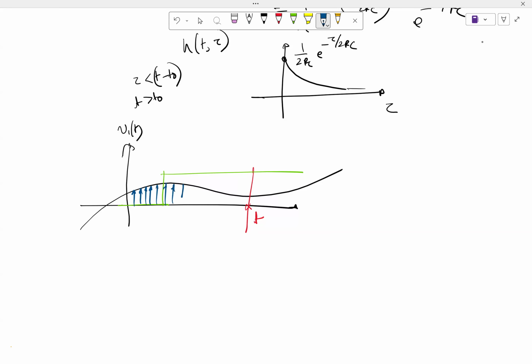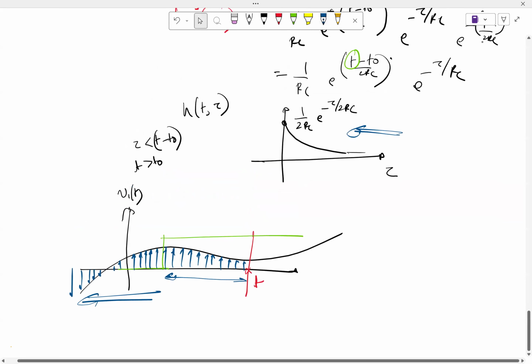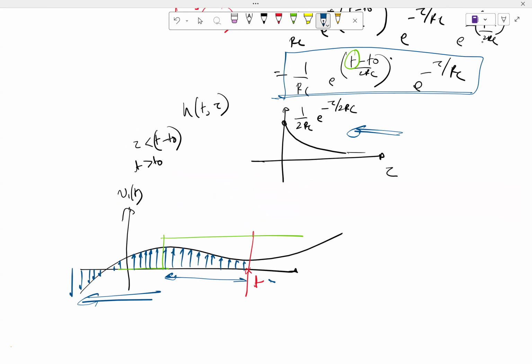Some of these impulses have been applied before the system has changed, and some have been applied after the system has changed, up to the time of observation. For some of these your impulse response will be similar to this, and for the others it will correspond to this. This is for the case when t is greater than t naught.